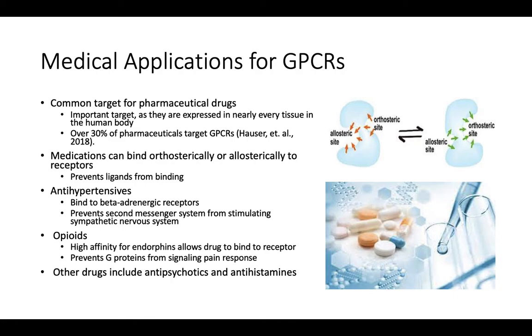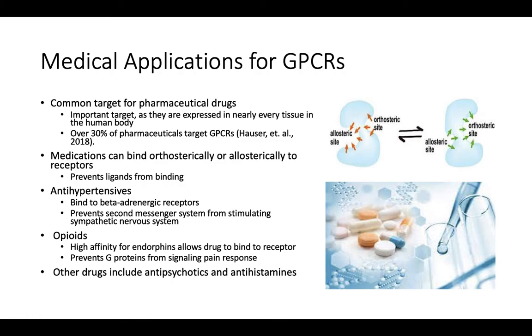And medications can bind either orthosterically or allosterically to receptors. So an orthosteric would mean that this medication would bind directly to the active site of the GPCR. So that's just going to be what's called competitive inhibition. So if it's looking to inhibit a GPCR, it's going to bind where the ligand should typically be seen.